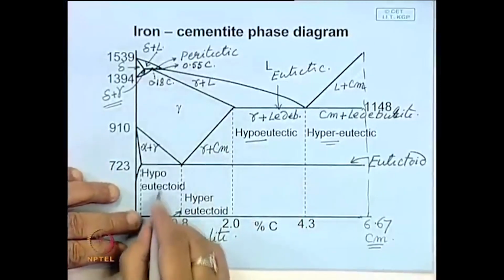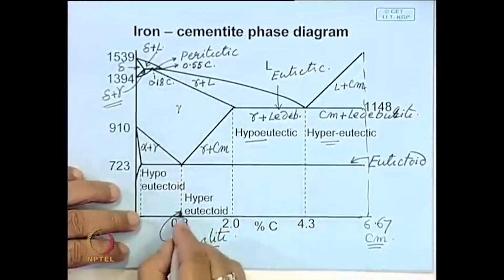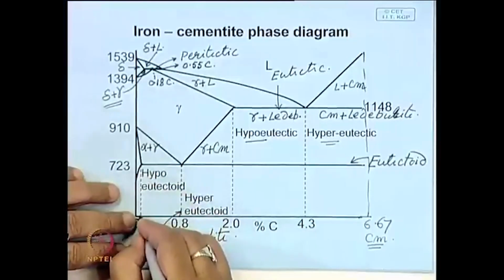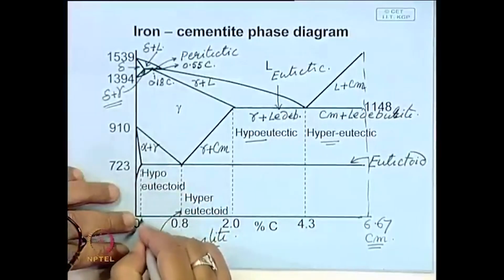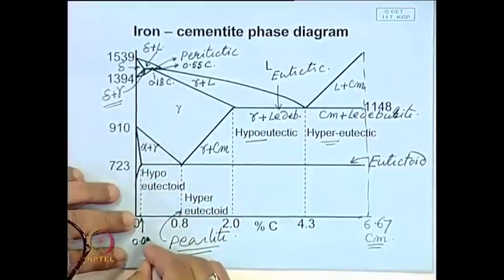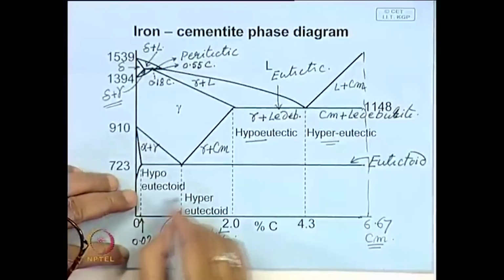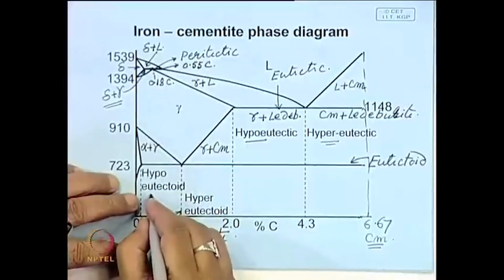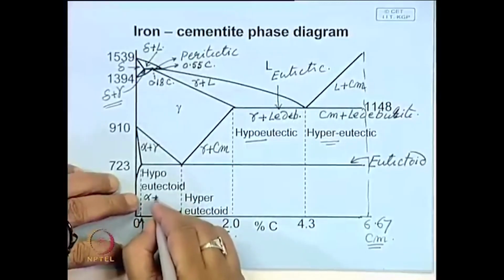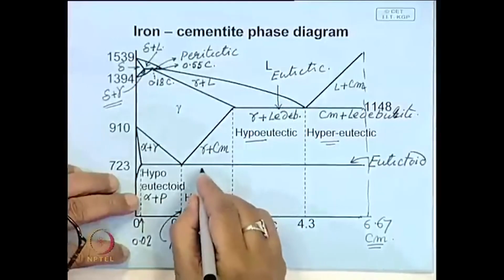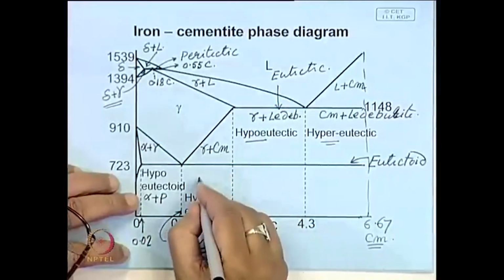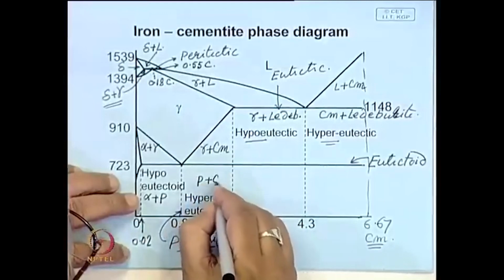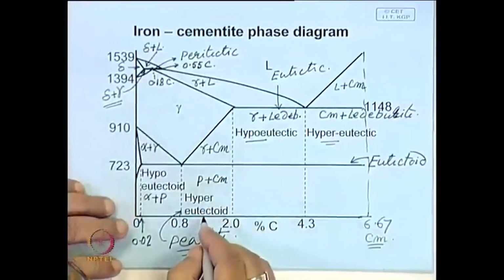So, at room temperature between this and this maximum solubility, which is around 0.02, you have hypoeutectoid still, where the structure will be ferrite plus pearlite, and here the structure will be pearlite plus proeutectoid cementite.